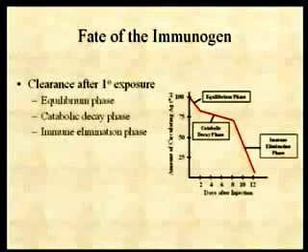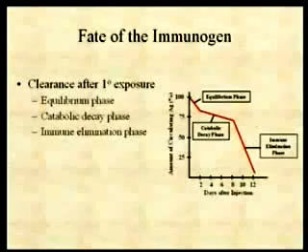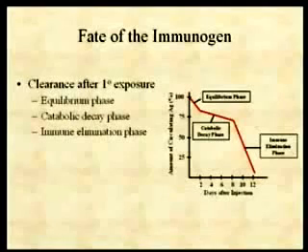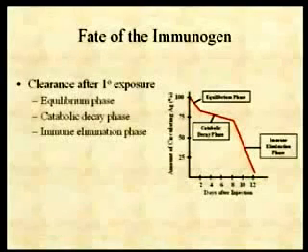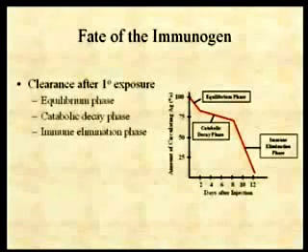Then there's a slower decrease in the amount of antigen, and that's called the catabolic decay phase, because the macrophages are beginning to metabolize this. We're breaking it down, and this is a metabolic process. It takes some time. But then roughly a week to 10 days afterwards, you see a very rapid decline in the amount of antigen.